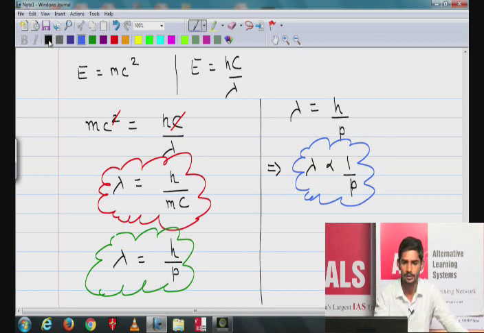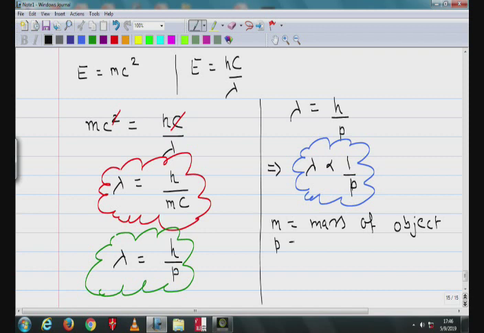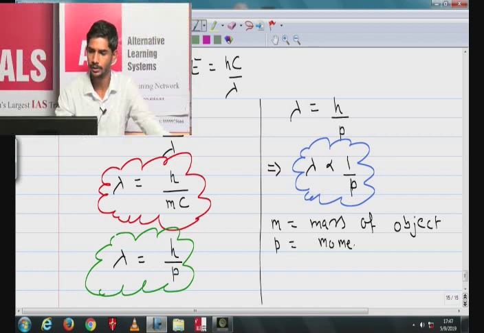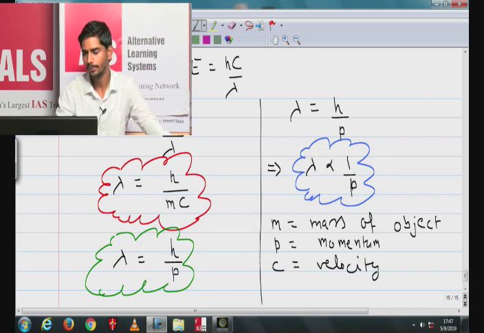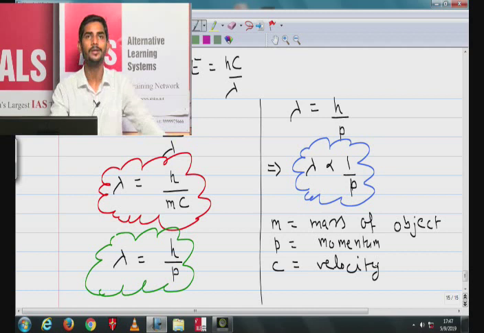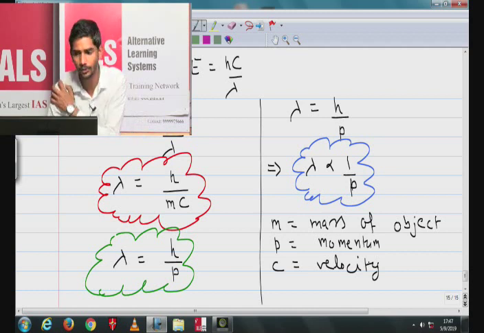We have to remember these terms: m is the mass of the object, p is the momentum of the object, c is the velocity. Guys, remember one thing, by c we generally represent the speed of light.